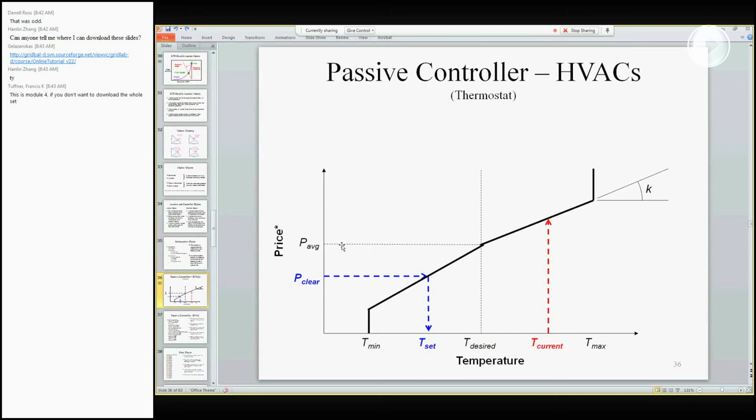When price is average, so when we look at the last 24 hours of price, if the current price is exactly on the average, then the customer would be at exactly their desired set point. However, if the price clears at a lower price, then it is more desirable to consume electricity at that point, so the set point might be moved to a lower set point.